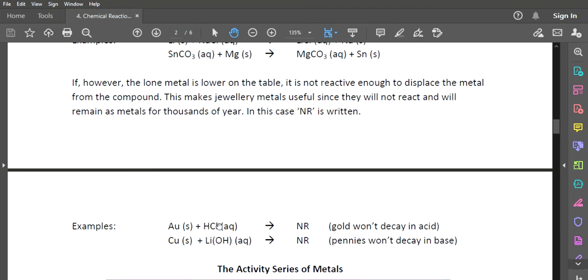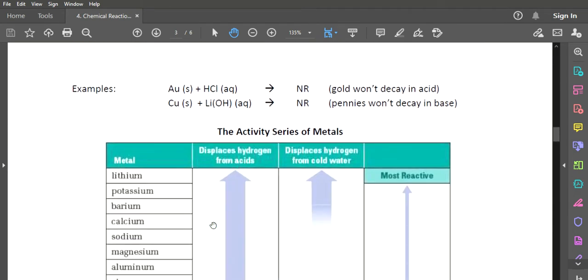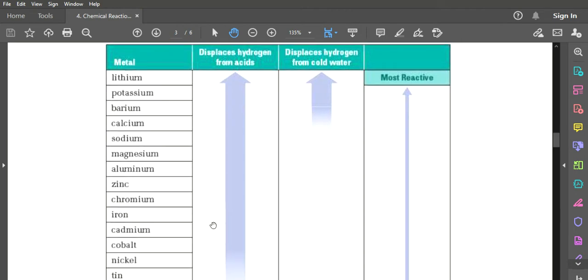So let's just double check. We've got Au, so gold, mixing with hydrochloric acid. So it's going to possibly swap places with the H, right? Au is a metal, so it'd have to be at the front of the name. Let's check for gold and hydrogen on the activity series. Still scrolling, haven't seen either.